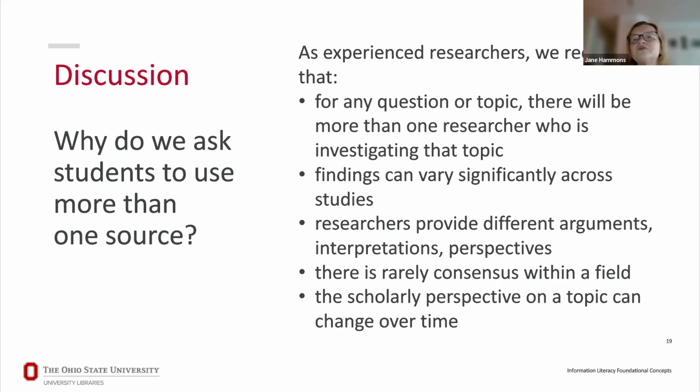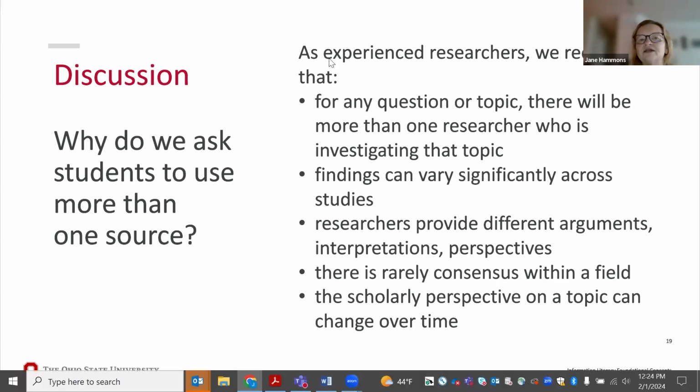We know that there's very rarely consensus among academics or professionals in a field on certain topics, and we also understand that perspectives can change over time. So these are all really great reasons why we ask students to use multiple sources. Support evidence and credibility, absolutely, Maribel.